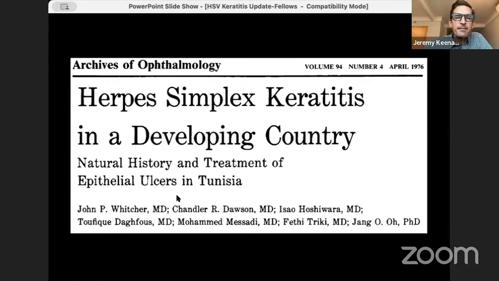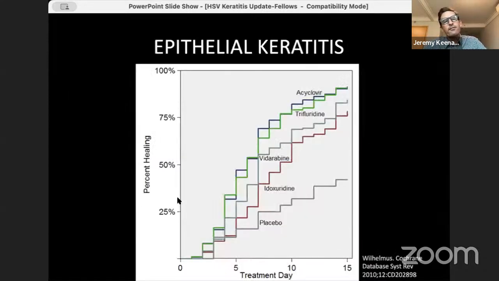But since that time, there have been lots of medications developed for herpes. The ones I'll call attention to, the blue and green lines, are acyclovir and trifluridine, which are the more common topical agents that have been used throughout the last 50 years or so.